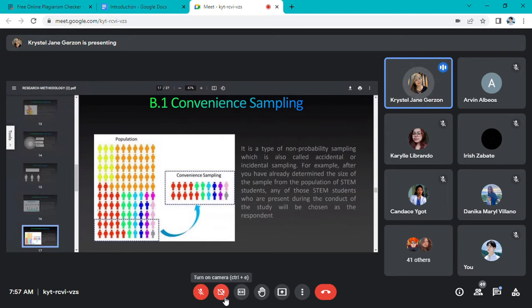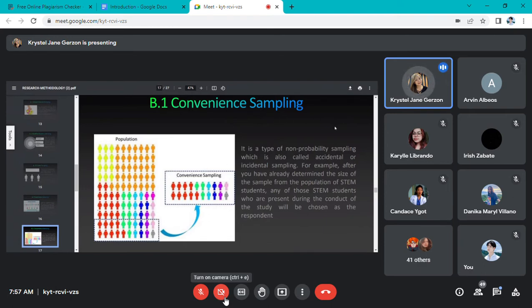So what they would do is go to the rooms, if there are no classes, and ask the section who are willing to participate in the survey. Those who are willing and available during that time will become the respondents and answer the survey questionnaire. Those who were absent, or went to the CR or the canteen, no longer have a chance to become respondents.